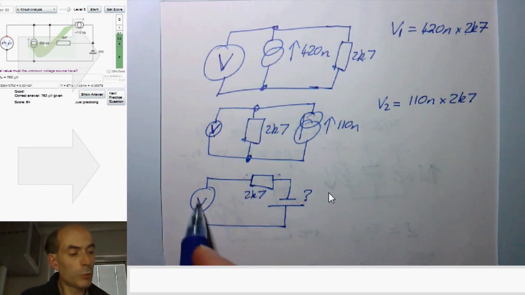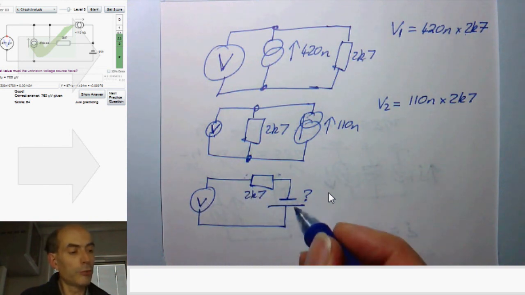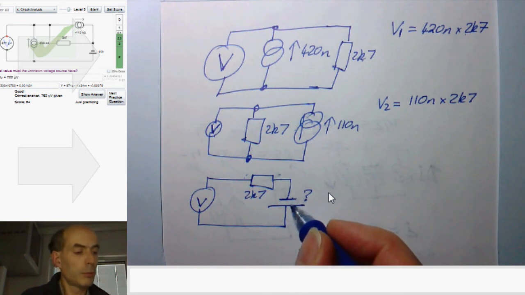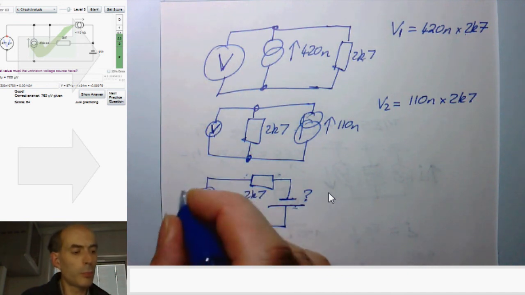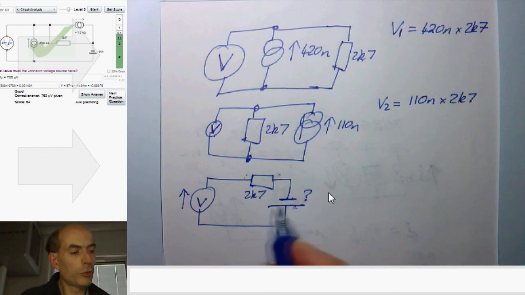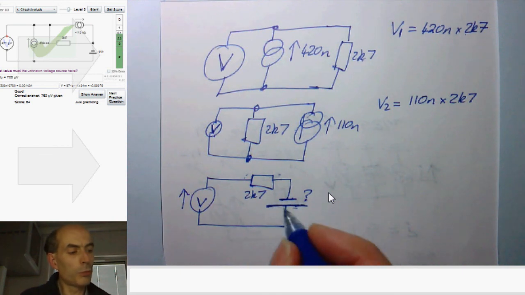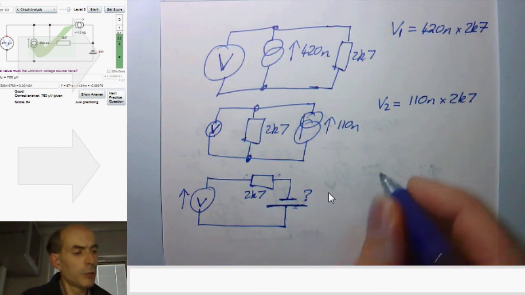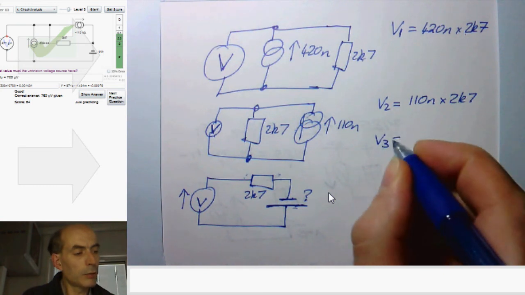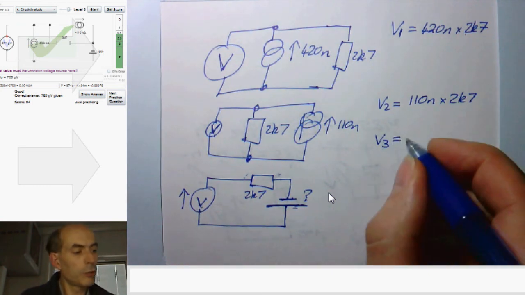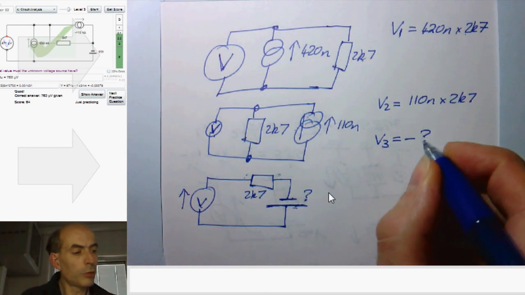So the voltmeter would just read minus the voltage of this voltage source. Minus because the voltmeter is wired up with the arrow pointing up, and this voltage source is wired up with its positive terminal to the bottom. So in this case, we'd say that the reading on the voltmeter is just minus the unknown voltage.